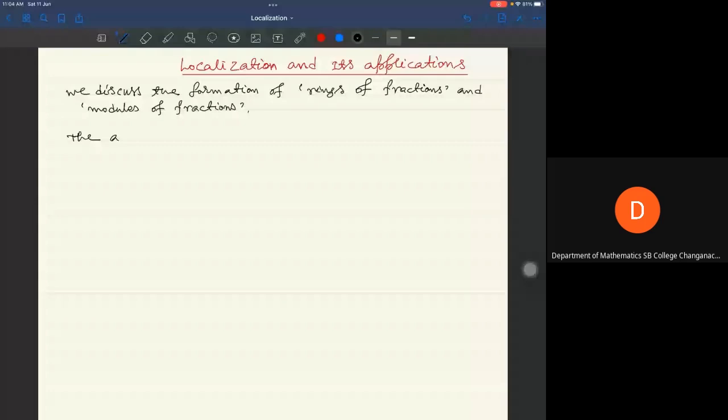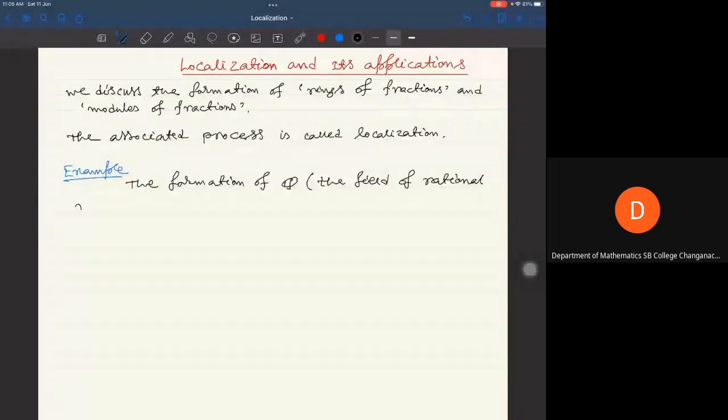The formation of Q, the field of rational numbers, from Z, the ring of integers, and then we will see how this notion can be generalized easily to an integral domain.